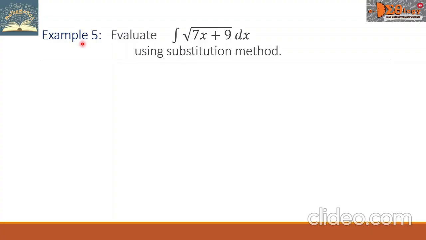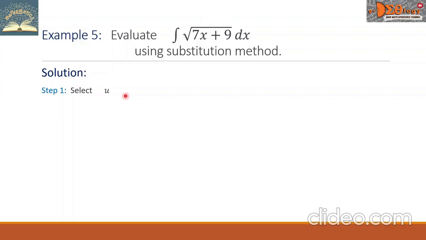Example 5. Evaluate the integral of the square root of the quantity 7x plus 9 dx using the substitution method. Let us select u. In here, we only see one function, the 7x plus 9 that is inside the radical sign.